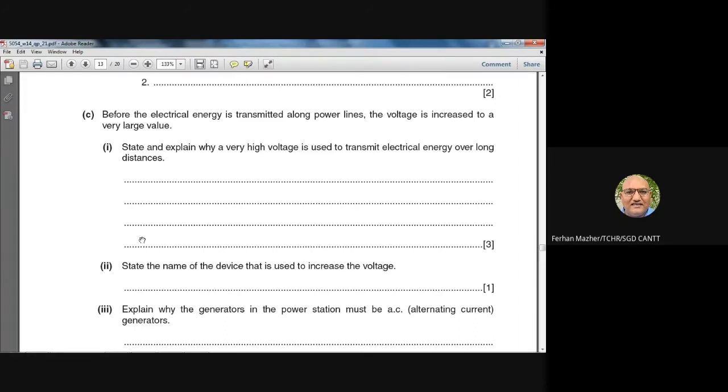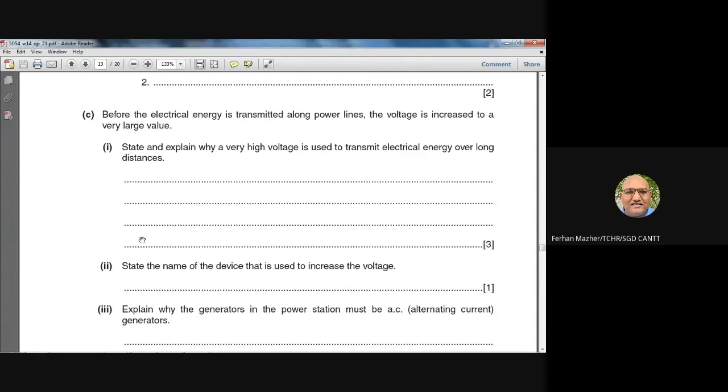Another method is the formula for power loss in the transmission line, which is I squared R. Remember this formula. One factor is R, so we cannot change it, so let's concentrate on I, the amount of current flowing.